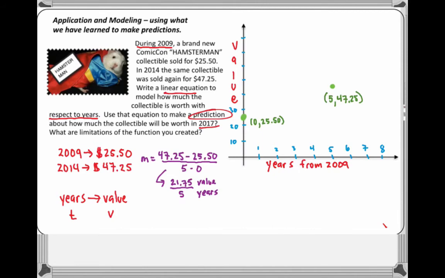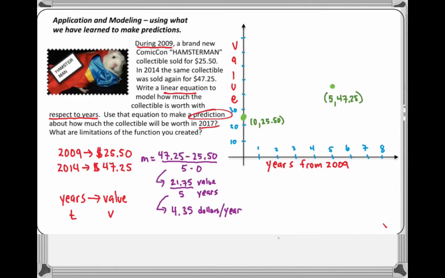However, since this is a money type problem, writing the slope with a denominator of 1 might be best, because we can get the value per year rather than over a set of years. After we do that out, it looks like it's gaining $4.35 per year.